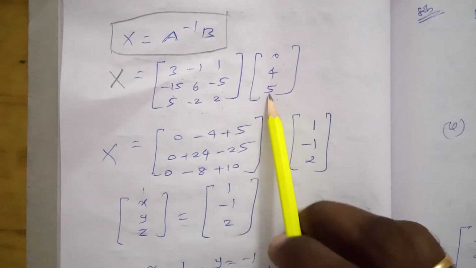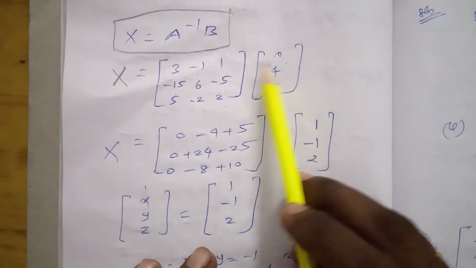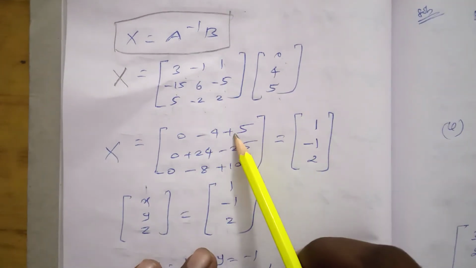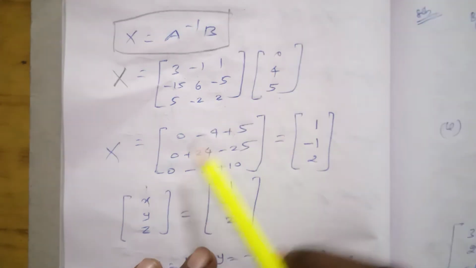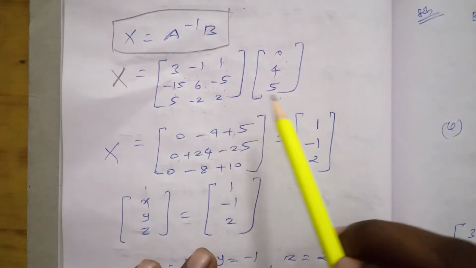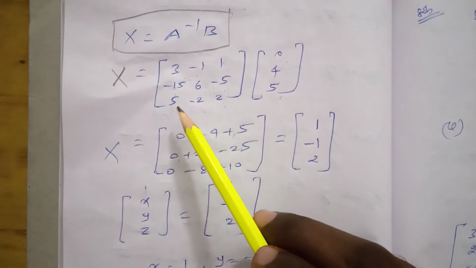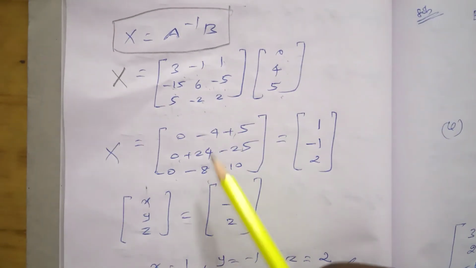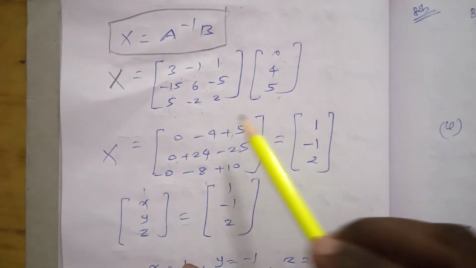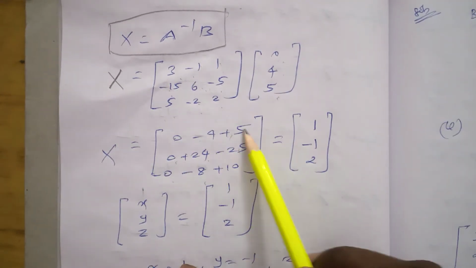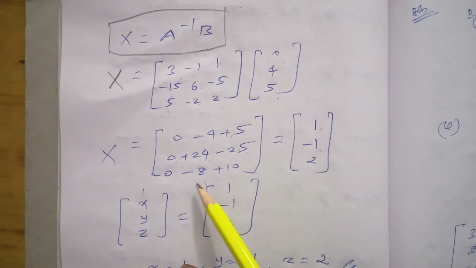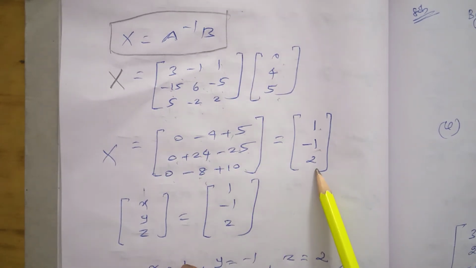First row is multiplied by the column. 3 into 0 is 0, minus 1 into 4 is minus 4, 1 into 5 is 5. Again, minus 15 into 0 is 0, 6 into 4 is 24, minus 5 into 5 is minus 25. Again, 5 into 0 is 0, minus 2 into 4 is minus 8, and 2 into 5 is 10. So adding all the results, the first row is 1, 24 minus 25 is minus 1, minus 8 plus 10 is 2.